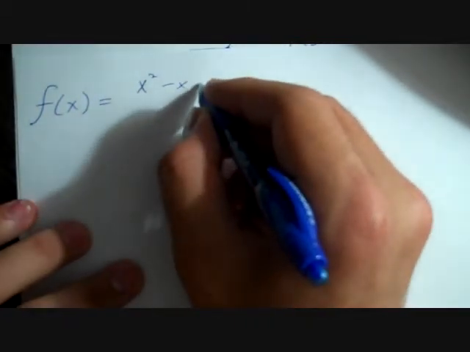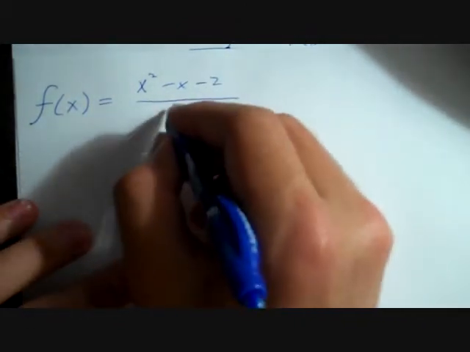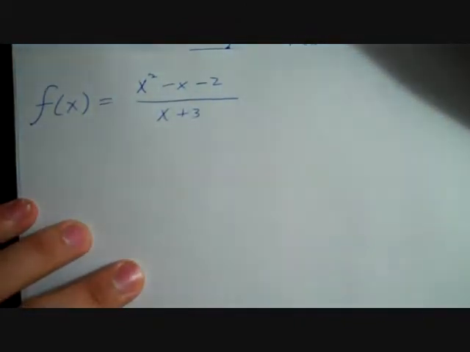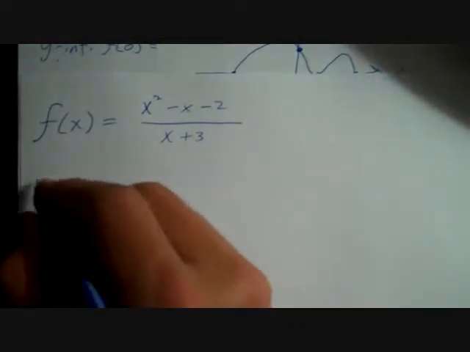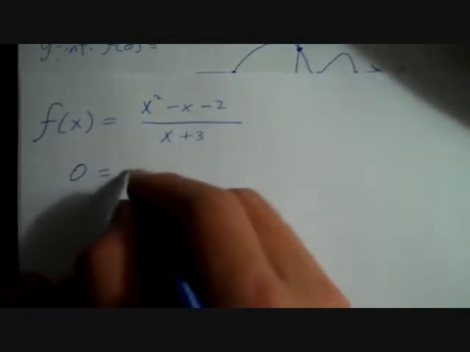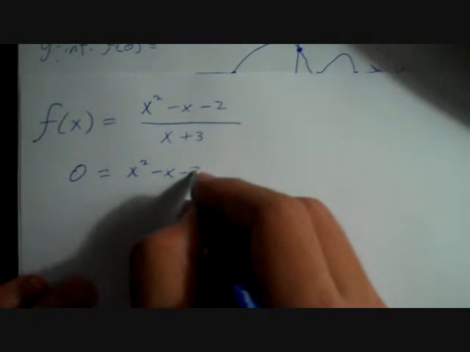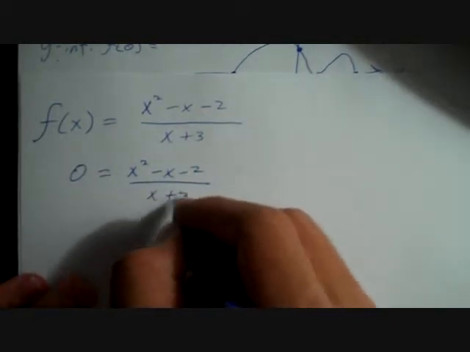Let's take f of x equals x squared minus x minus 2 all over x plus 3. To find our x-intercepts, we set the function equal to 0. So 0 equals x squared minus x minus 2 all over x plus 3.